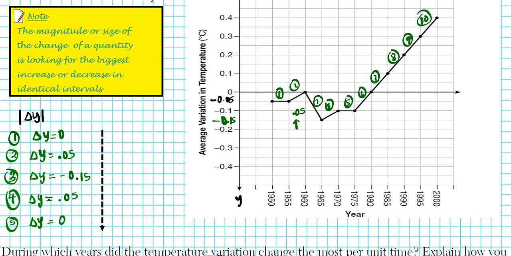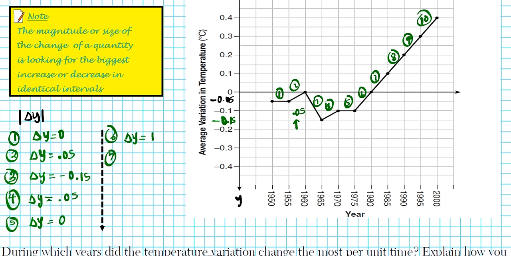Okay, now for interval 6 through 10, since they're all on the same line segment, they all have the same slope. The entire interval here, you have identical rises. Okay, so for interval 6, you have a rise of what? You go up 1, 2. Each tick mark is 0.05, so 1, 2 is a rise of 0.1.